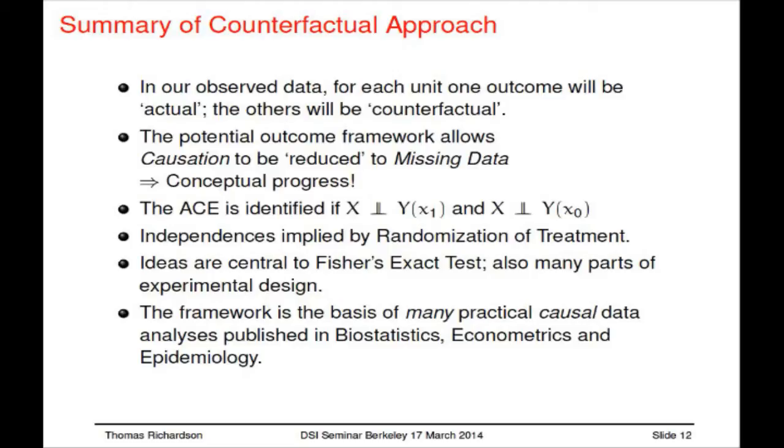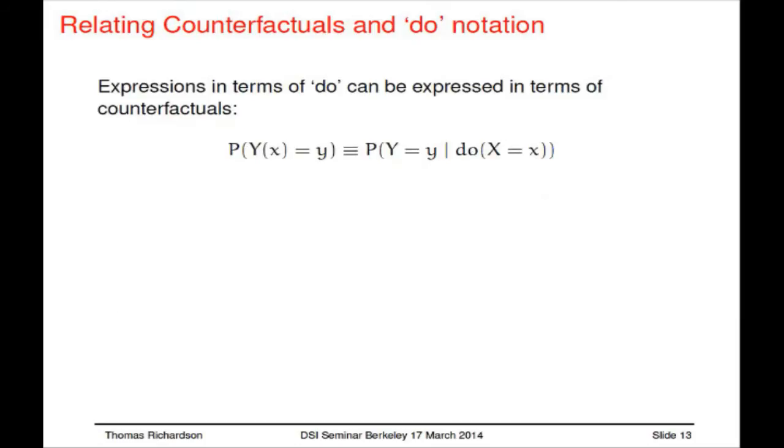Sometimes you may have heard people suggest that statistics has shied away from formulating causal models. This is not the case. There are many causal models formulated in statistics, but most of them are done within the context of this framework. It has started to change recently, but until relatively recently, a lot of them have been done within this particular framework, and particularly in biostatistics and econometrics, this framework is really predominant.